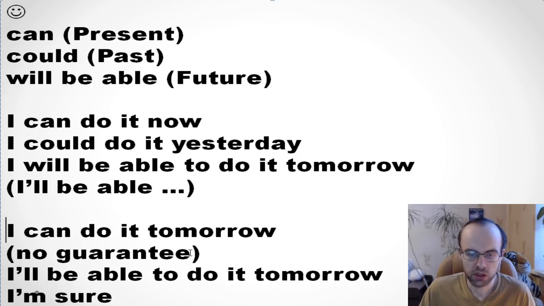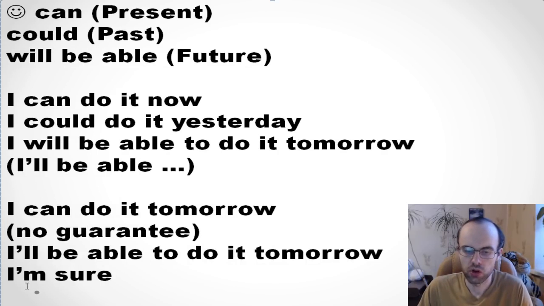So maybe I'll do it, maybe I won't do it, we don't know. So it's possible, but no guarantee. If you say, I'll be able to do it tomorrow, it means that I'm sure. So if you're sure, you use I'll be able to do it tomorrow.